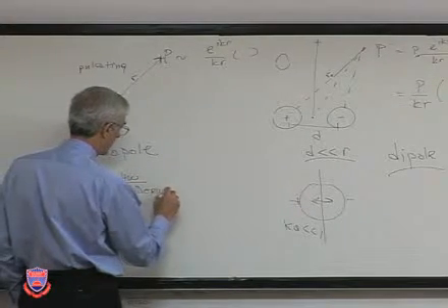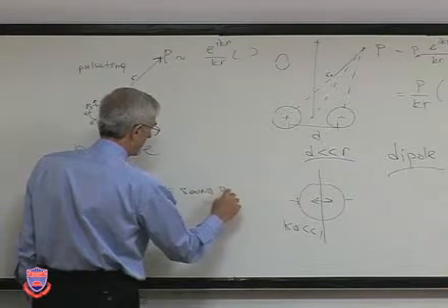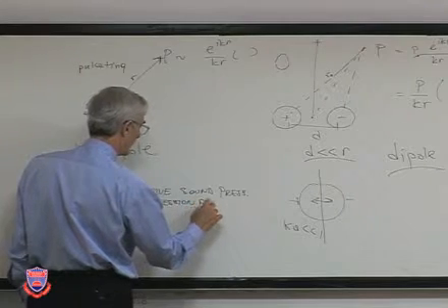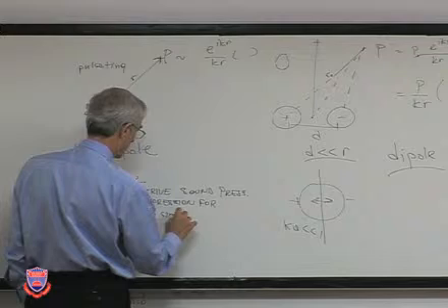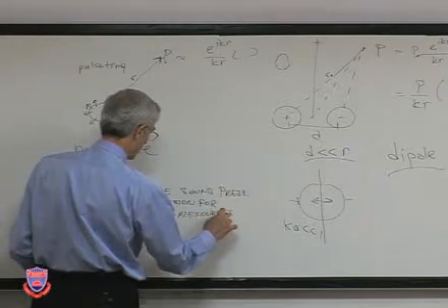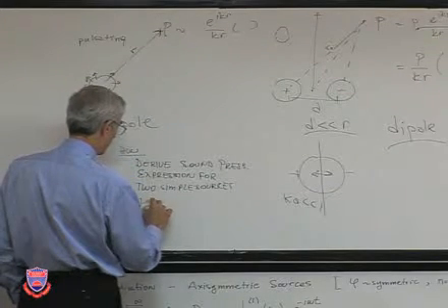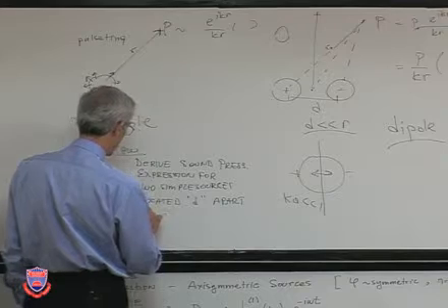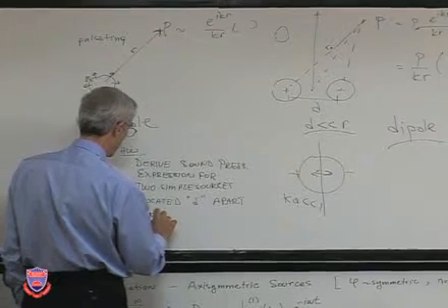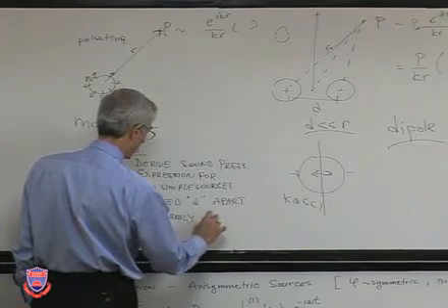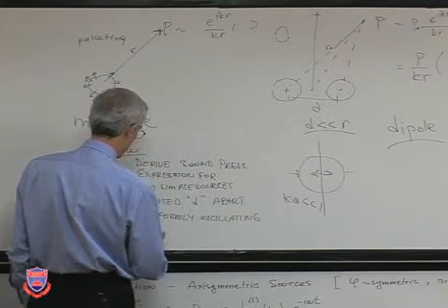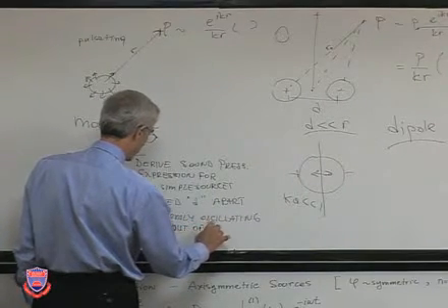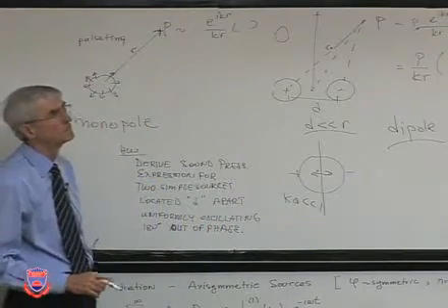Derive the sound pressure expression for two simple sources located a distance d apart, uniformly oscillating 180 degrees out of phase.